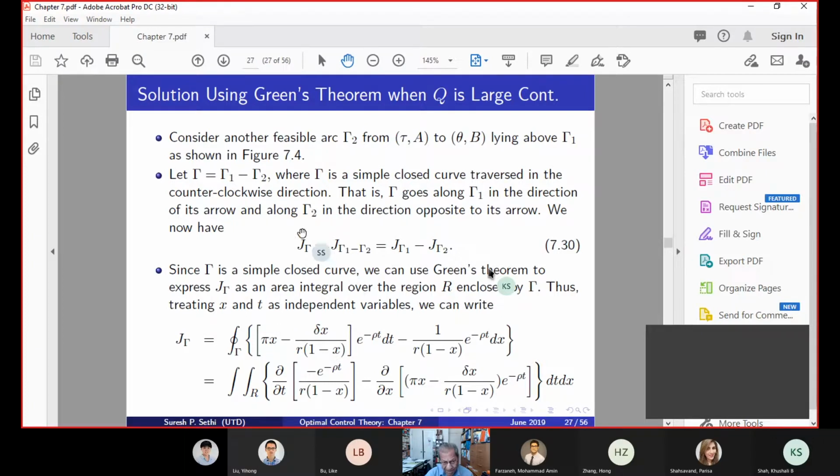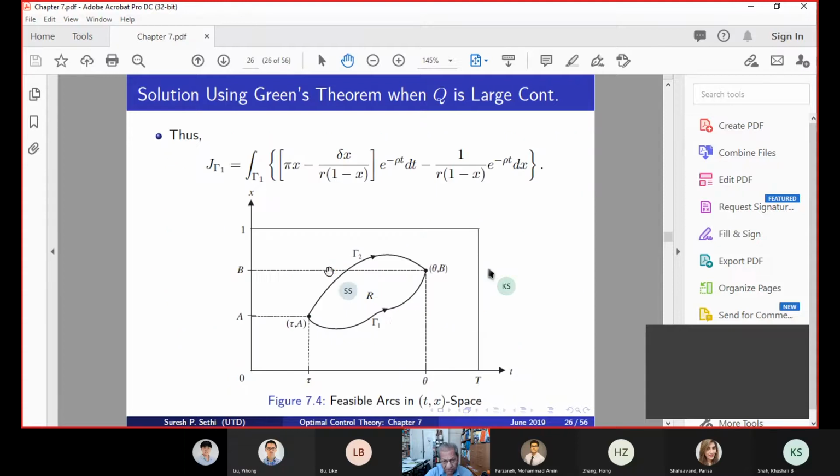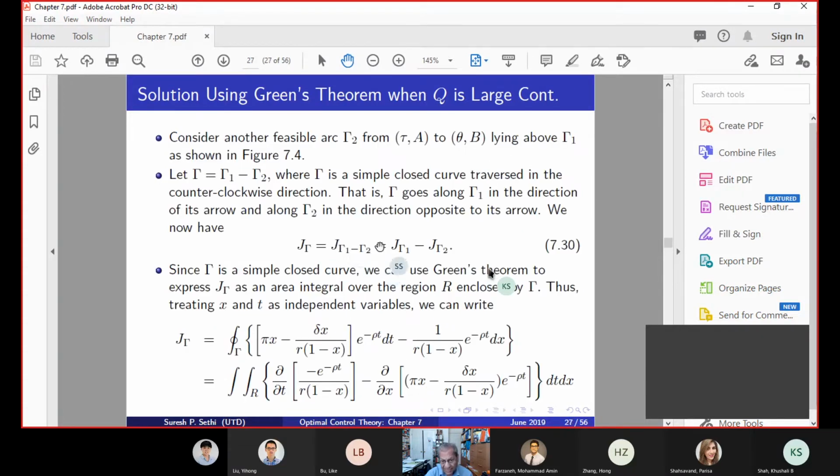Then J gamma, the line integral along this gamma, is nothing but J gamma 1 minus gamma 2, because gamma 1 and gamma 2 make up this gamma. That is J gamma 1 minus J gamma 2.